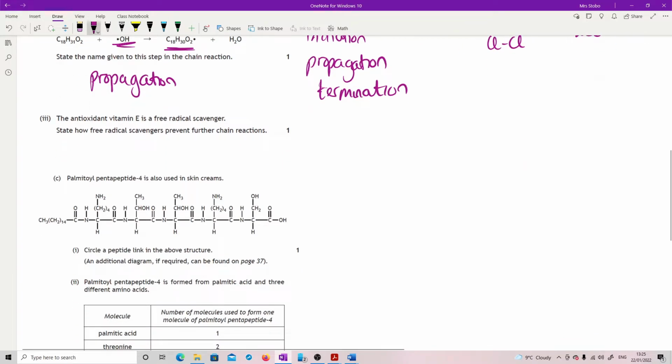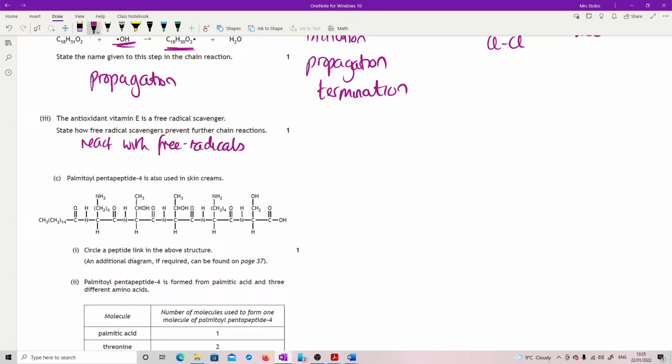The antioxidant vitamin E is a free radical scavenger. State how free radical scavengers prevent further chain reactions. So effectively they're creating a stop to this. So what they have to do is react with the free radicals.